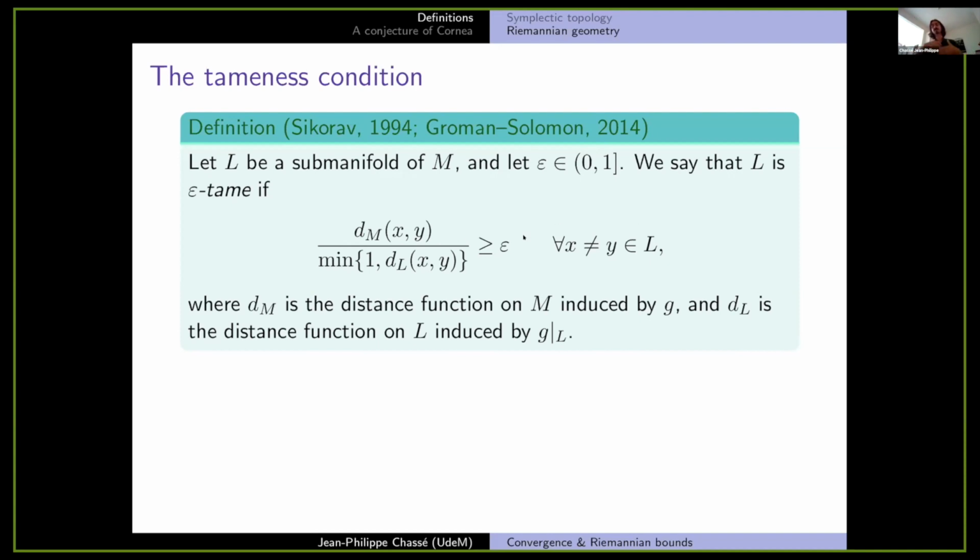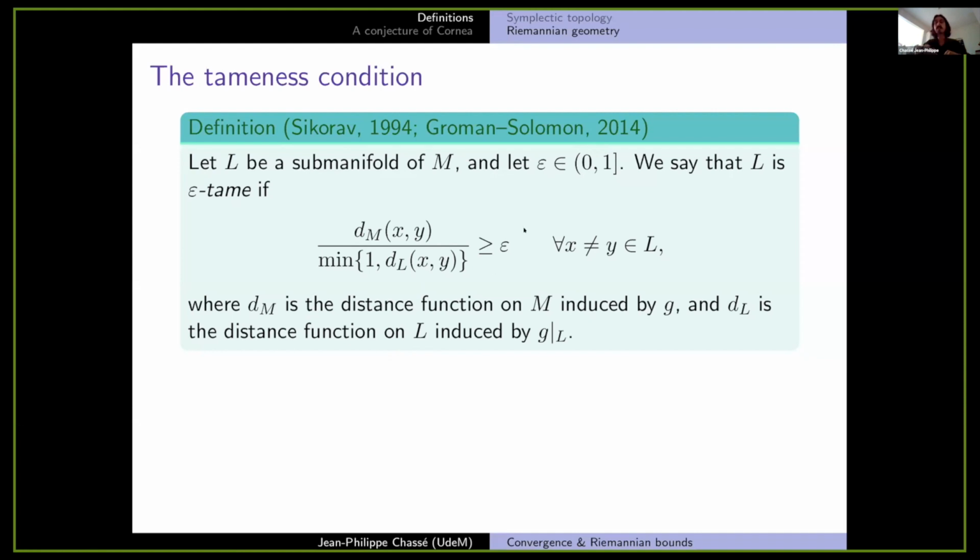means is that you have two distance functions on L. You have the one which is just the restriction of the distance function of M to L, but there's also the intrinsic distance function on L, which is the one you get when you see L as a Riemannian manifold and not just a submanifold, looking at the geodesics in L, not in M. These two metrics will in general be different, obviously, and thus you need a control to compare them.